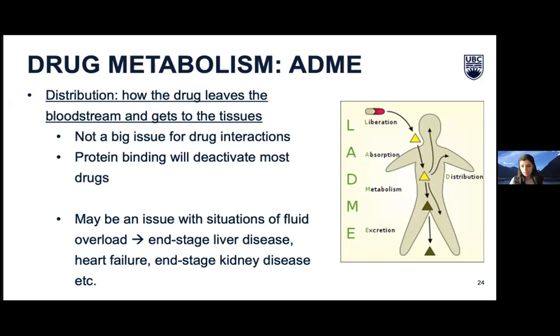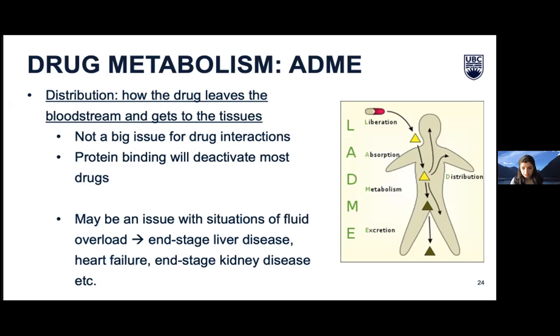So another issue is with protein binding, and that's an important factor. So you may recall that I mentioned that proteins within the blood can bind drugs and essentially deactivate them. And so if you potentially have a condition that elevates the proteins in the blood, such as pregnancy or certain diseases, this may affect how much drug is available and could potentially affect the amount of drug that is bound to protein and therefore is inactive.